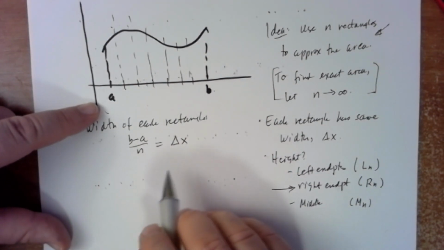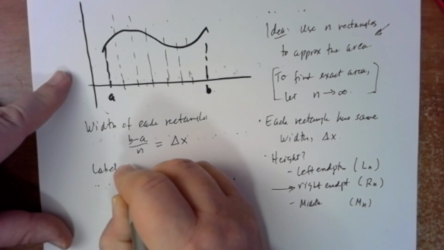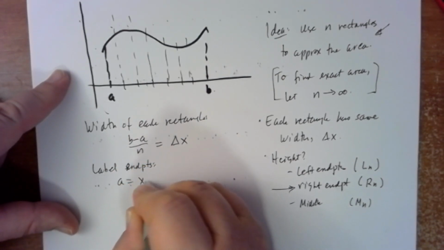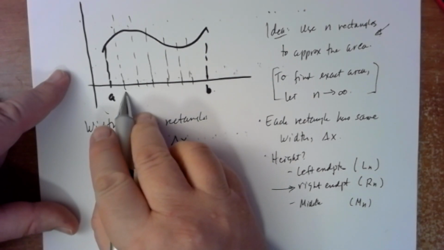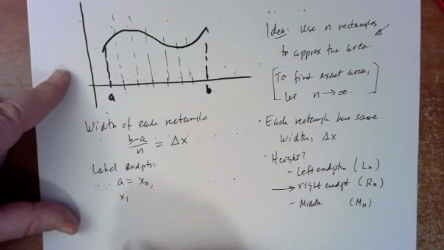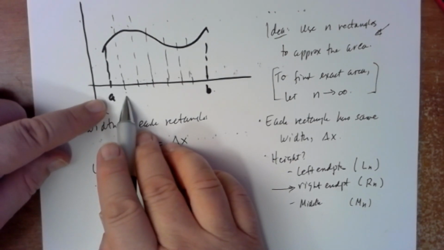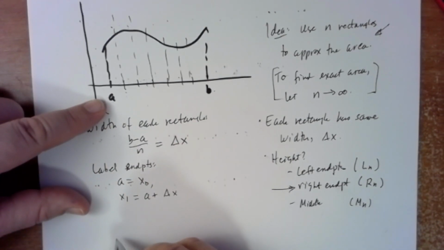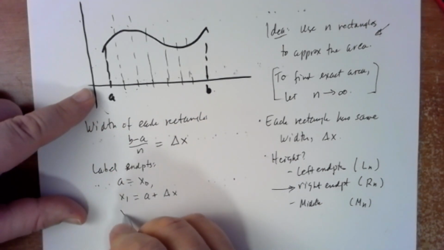And so now I'm going to label this a little bit differently. I'm going to use the book's notation here. We'll label the endpoints here. A we're going to label as x sub 0, and then we have the first endpoint here is x sub 1, and so if you actually wanted to compute x1, that would be a plus the width, so that would be a plus delta x, and then x2 would be the next point in our list.